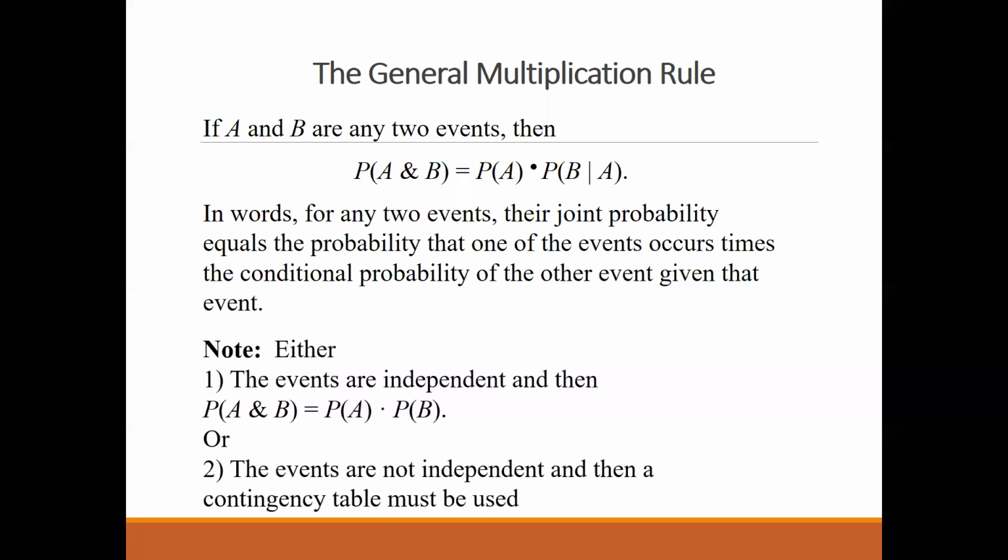Okay, let's go. Note down this, please. If the events are independent, then we have P(A and B) equal to P(A) into P(B). And if the events are not independent, we are supposed to make use of the contingency table.